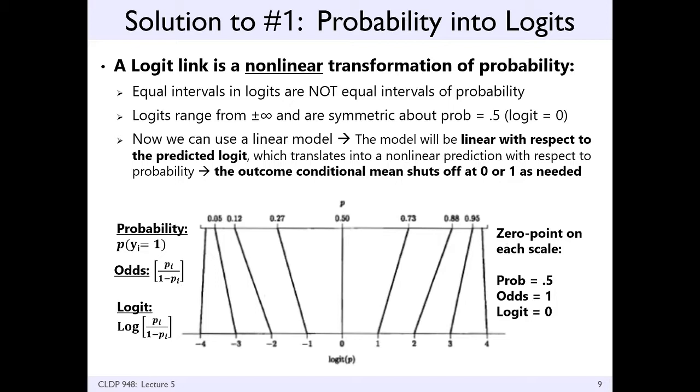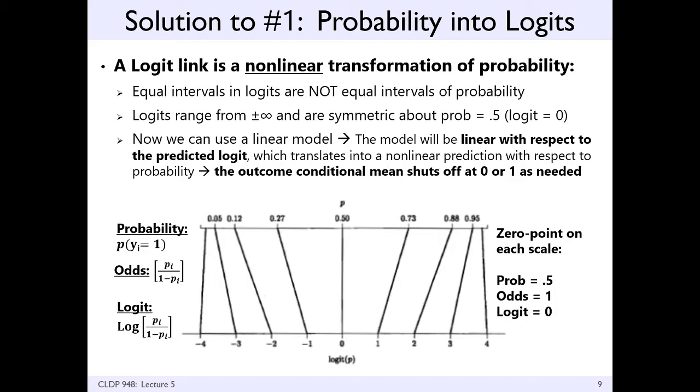As you move over in logits, as you go from 0 to 1, 1 to 2, 2 to 3, those are equal interval changes in the predicted logit, but how that corresponds back to probability is unequal. So you move from 0.5 to 0.73 for a 1 unit change. The next 1 unit change, from 1 to 2, goes from 0.73 to 0.88.